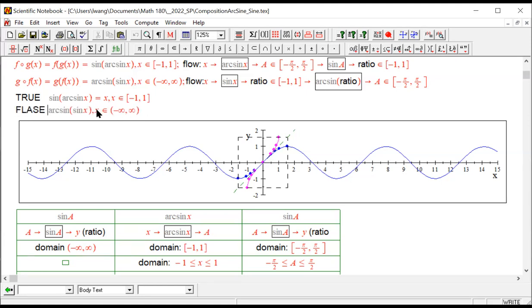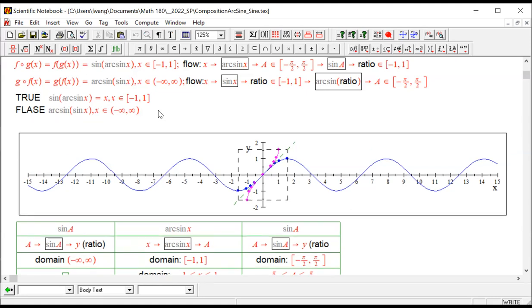And this other one is false. Why? Because x is from -infinity to +infinity. So this is false, with or without that interval specified. However, it can be true if this x is from -π/2 to π/2.